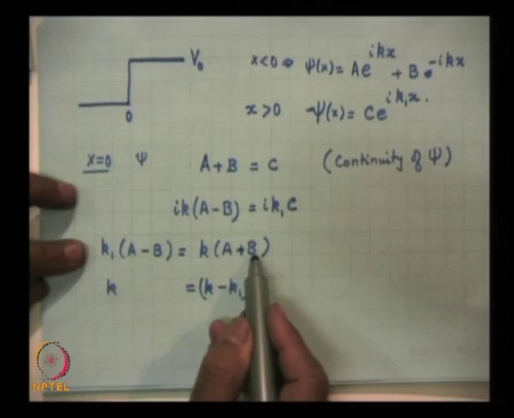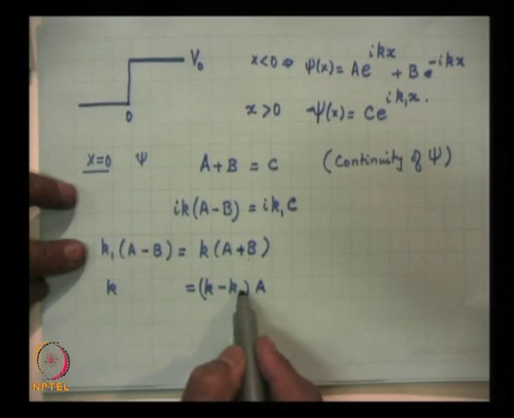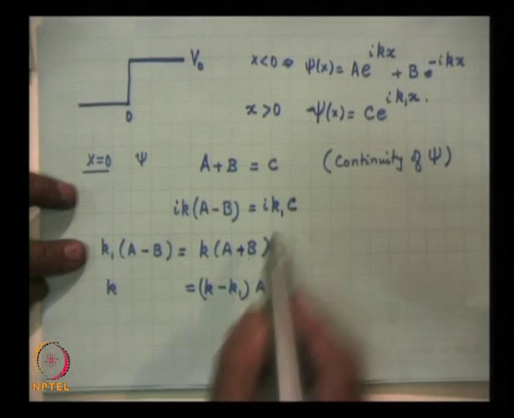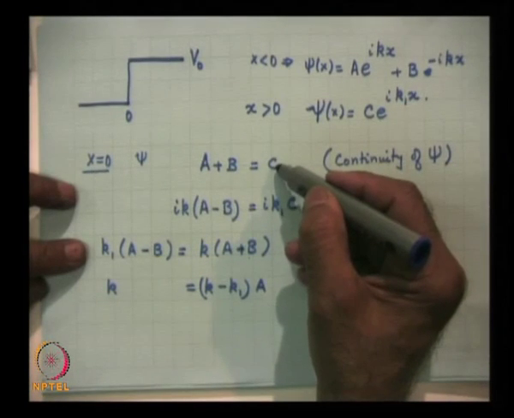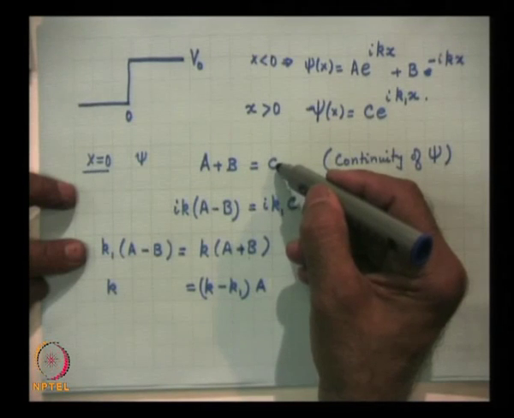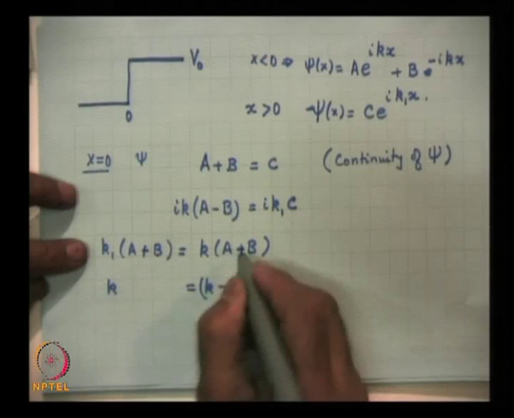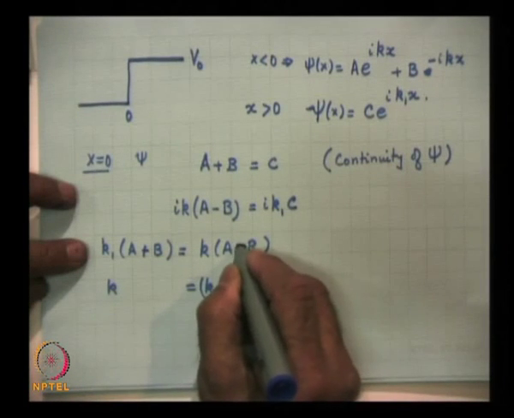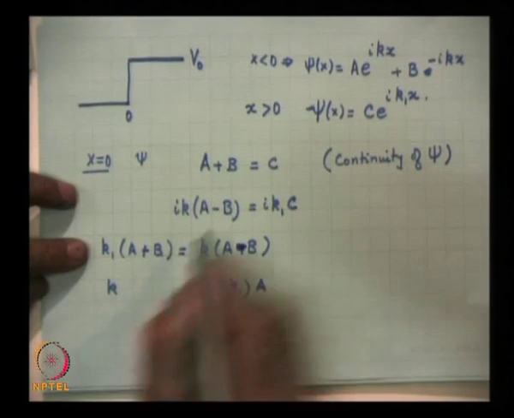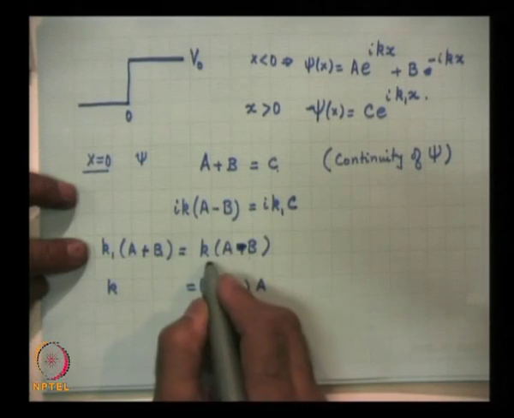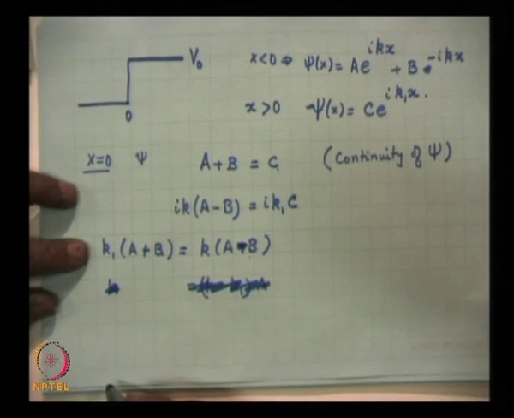So it will be a into k minus k1. I had multiplied this by k1, so k1 into a plus b is equal to k1 c, which is equal to k into a minus b.